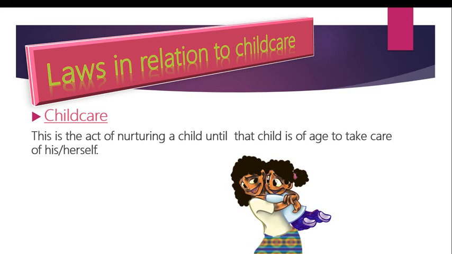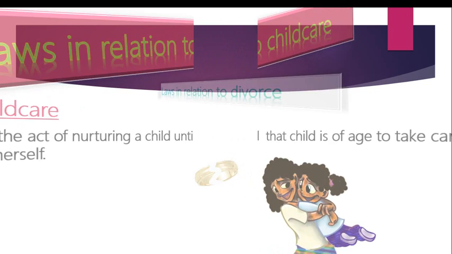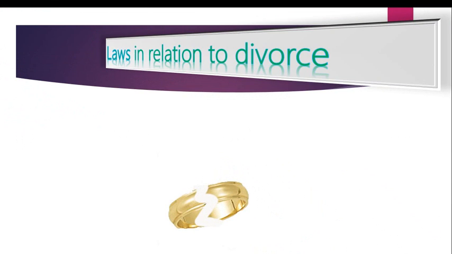Like tertiary level education, that could be it. However, after the required age, parents are no longer responsible for that child legally. It would be a matter of choice. You understand?